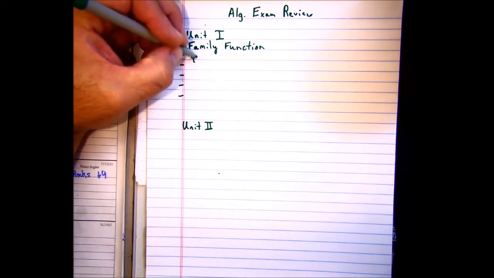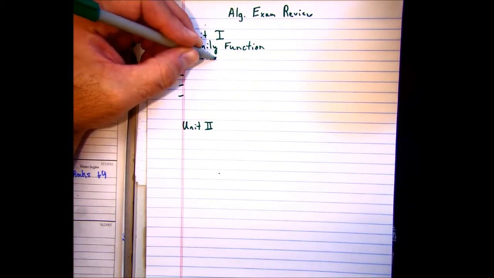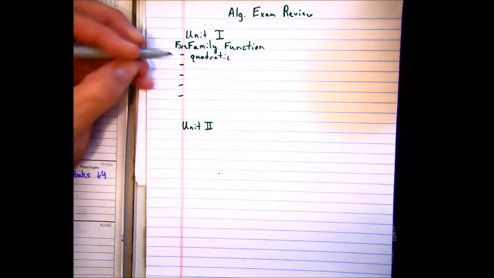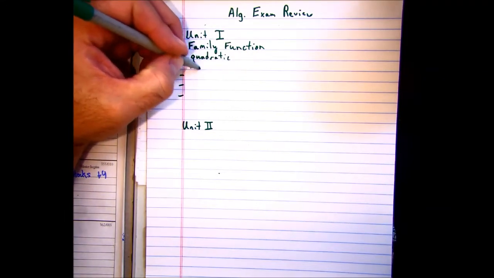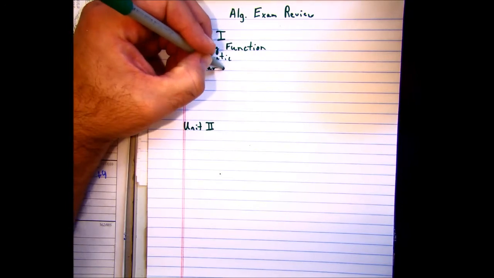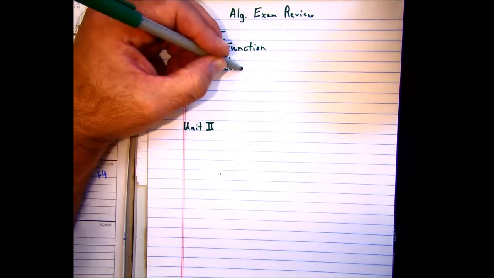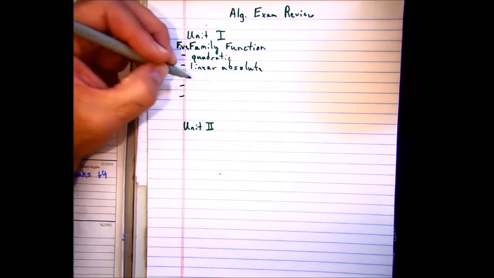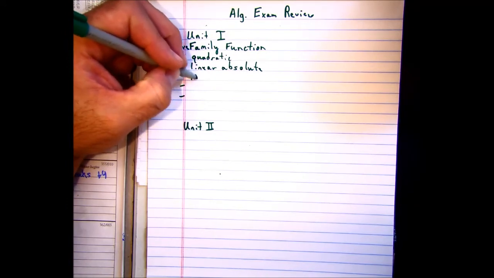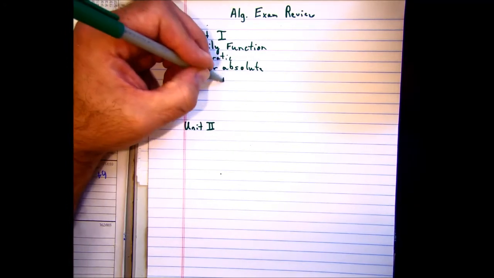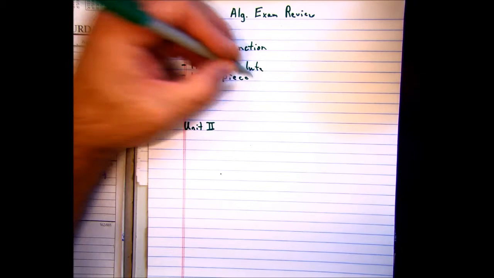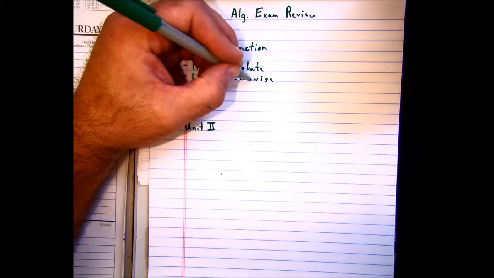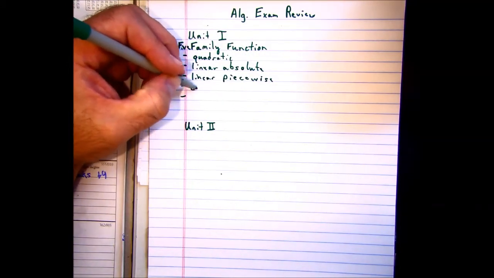Quadratic. It's actually called linear absolute. Linear piecewise. Exponential. Last one.